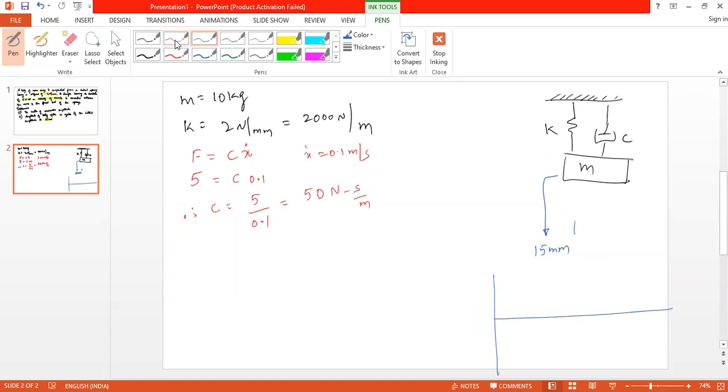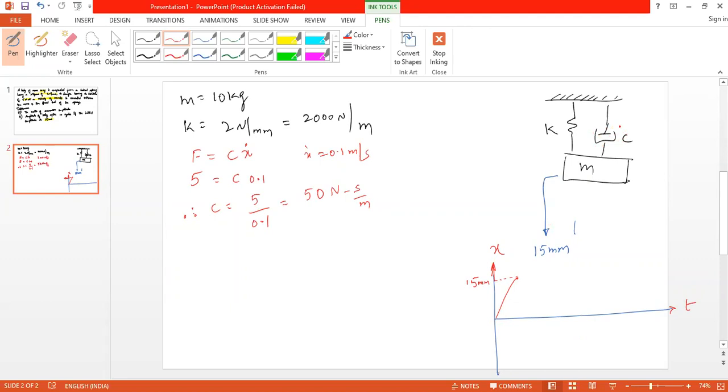You can think like this: as you pull, it will go to the maximum position, that is 15 mm. Okay, this is displacement x and this is time t.